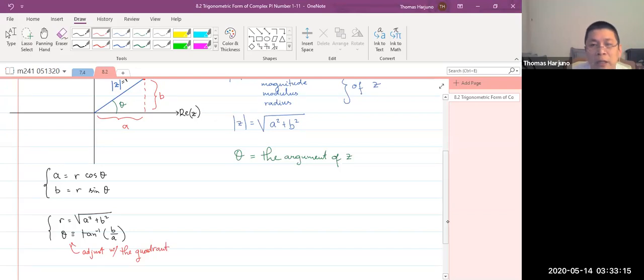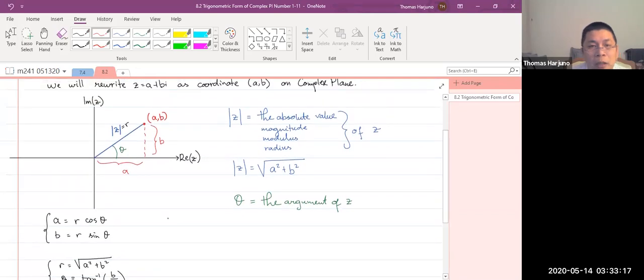Now, basically, what will happen later with all my explanation here, we already have earlier that z equals a + bi, right? Later on we will re-express this in trigonometric form: r(cosine theta + i sine theta).